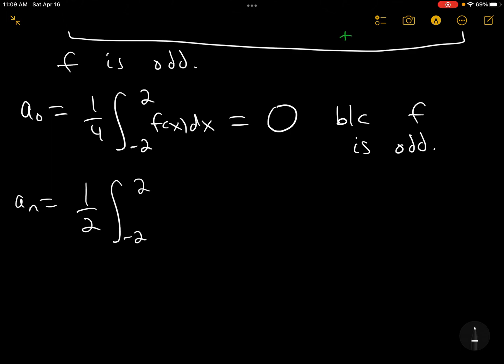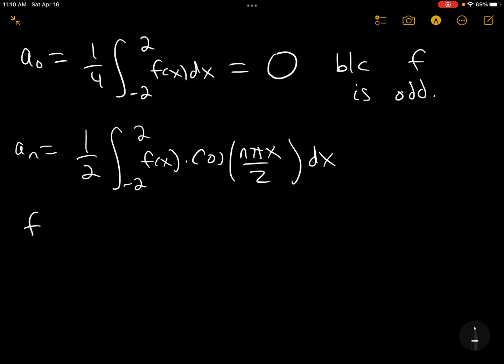So a_n is 1/2 integral from minus 2 to 2 of f of x times, since a_n is cosine, cosine of n pi x over 2 dx.